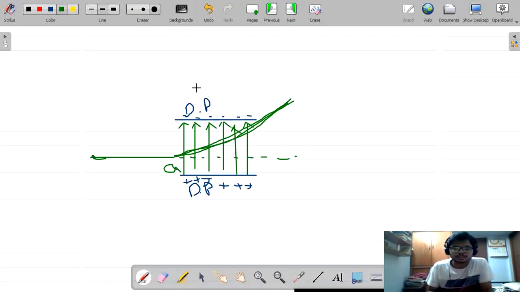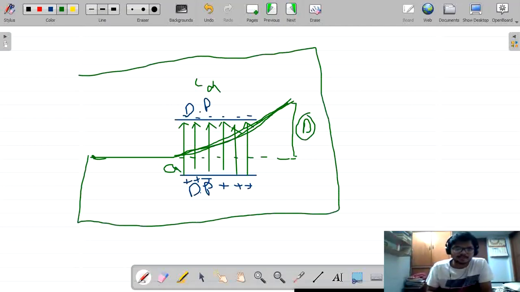Now assume the length of the plate is LD, and the amount that is deflected is denoted by capital D. This is the situation happening for an electron traveling in free space when it passes between two electrostatic plates.